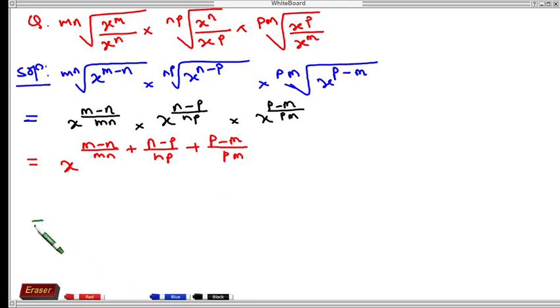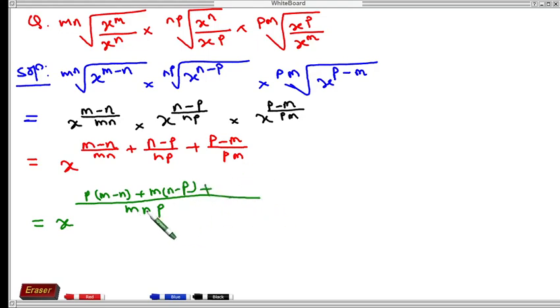Then we can simplify the exponent of x. So x to the power mn, np, pm, can we take the LCM, that is mnp will be the LCM. Here mn is here, that's why it is p times m minus n, plus here np is here, that's why m times n minus p, plus that pm is here, that n times p minus m.